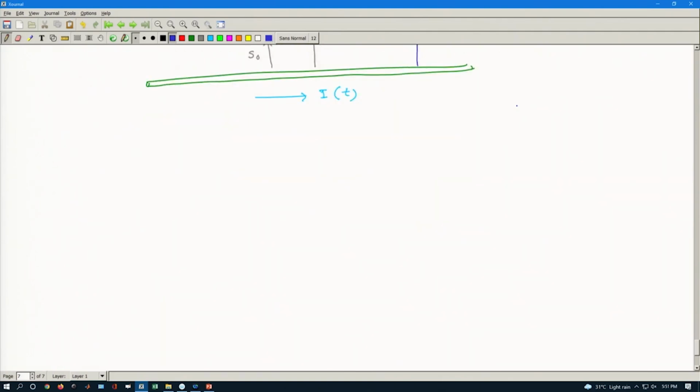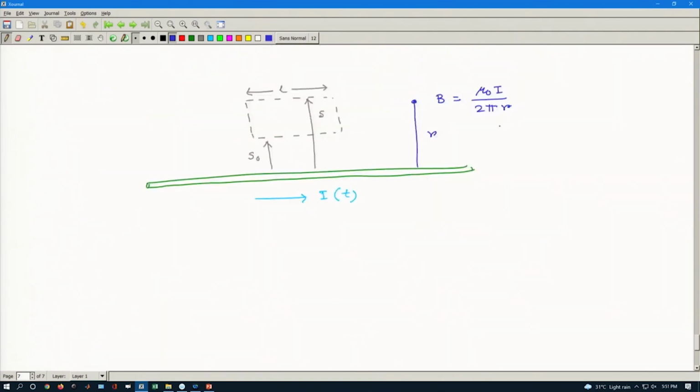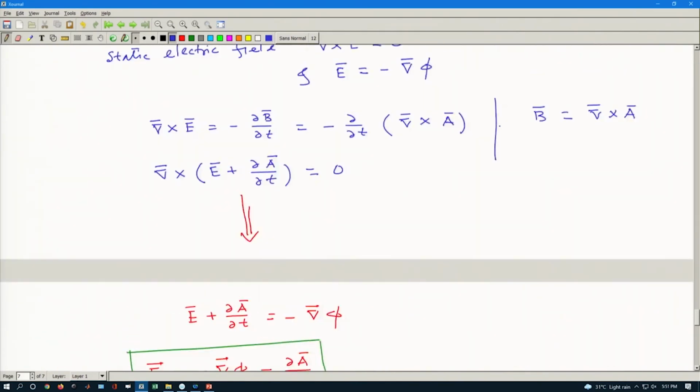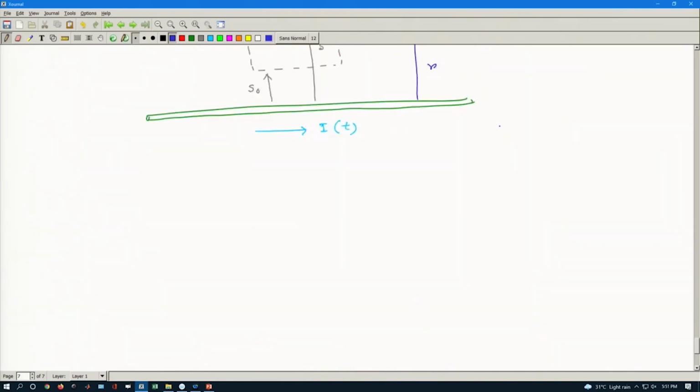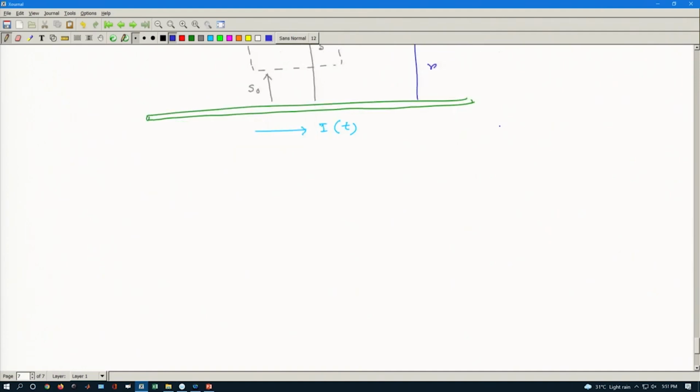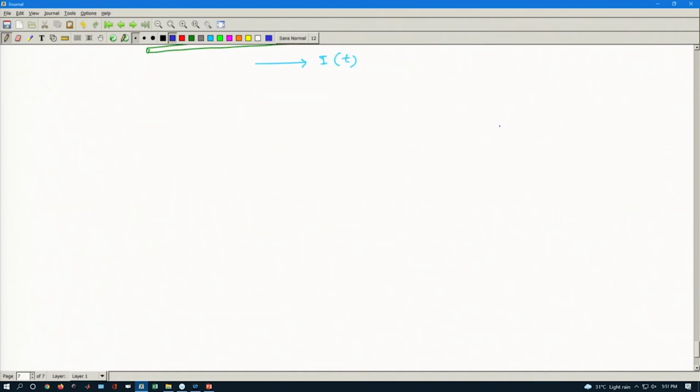So, we need to extract the information of the electric field from the expression where we have the relationship between E and B. We know the magnetic field here, and also the relationship between the electric field and magnetic field, and that relationship I exploit here. So, it is the closed line integral of E dot dl. The loop is already there.